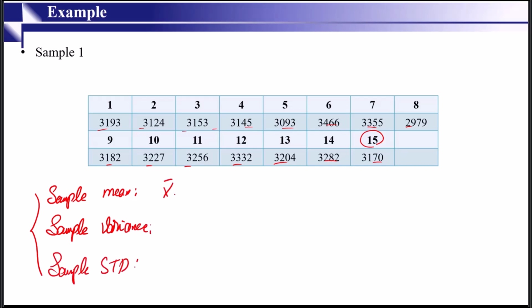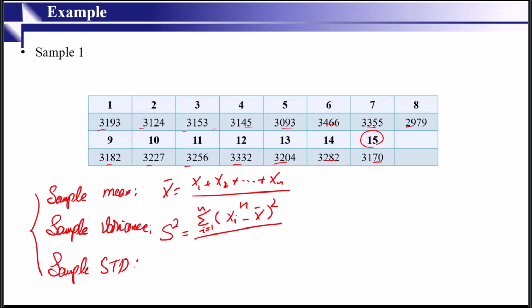We know that x bar is equal to x1 plus x2 plus up to xn divided by n, and that the sample variance s squared is equal to the sum of i from 1 to n of (xi minus x bar) squared divided by n minus 1, and s is equal to the square root of the variance. So let's do it.